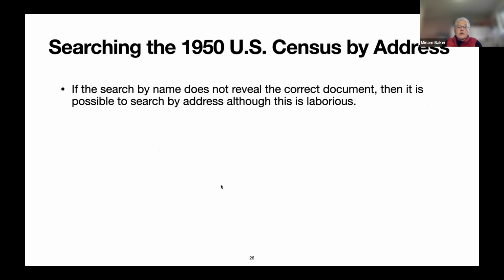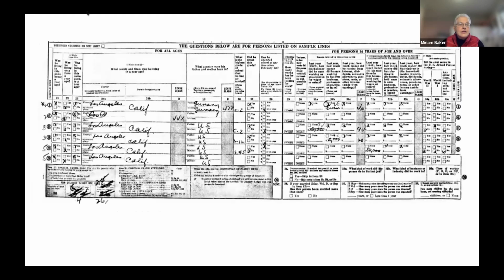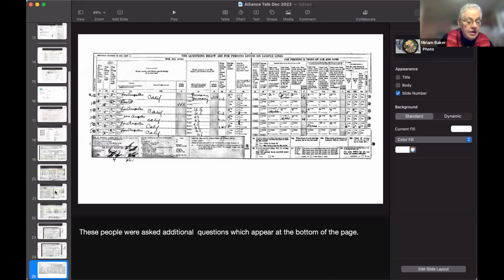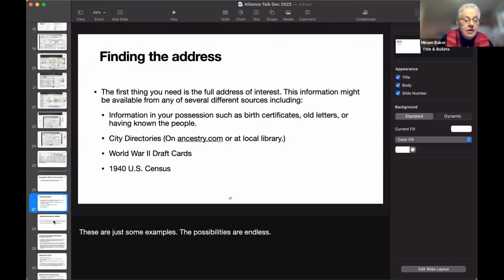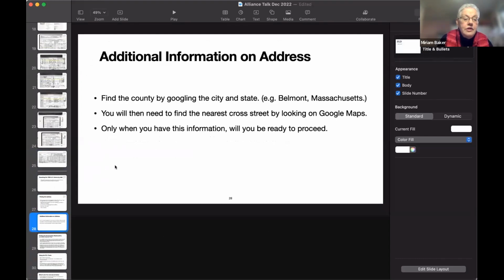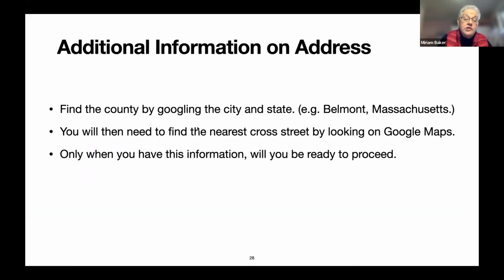The additional information you need is the county. And I usually just Google the city and state.